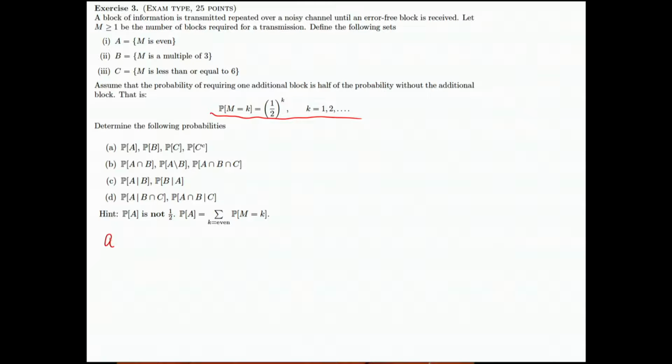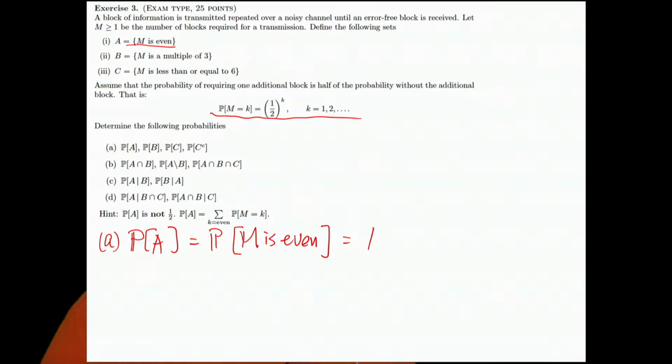So part A. The probability of A: the number of blocks is even, so the probability of A is the probability that M is even, which is M equals K, where K should be 2, 4, 6, and so on.